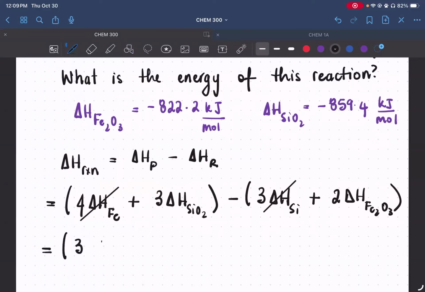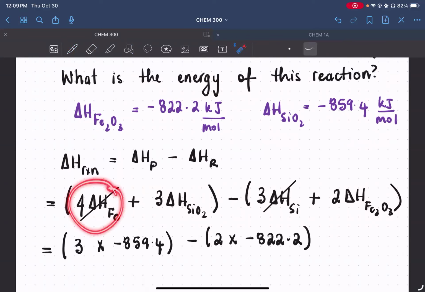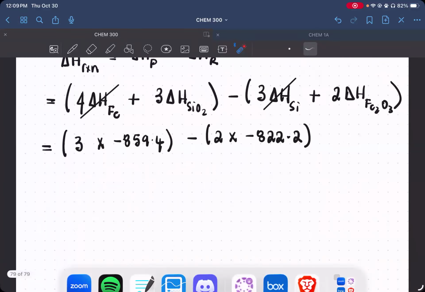This is going to be 3 times negative 859.4 minus 2 times negative 822.2. Remember that the elements, iron and silicon, have an energy of 0. That's why we just delete it, right? 0 won't affect our calculation overall.